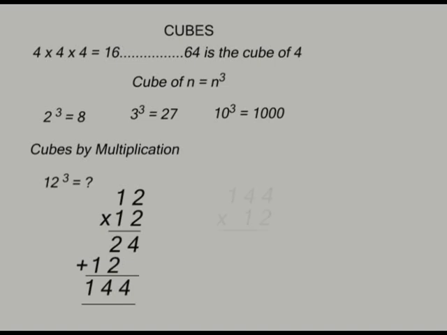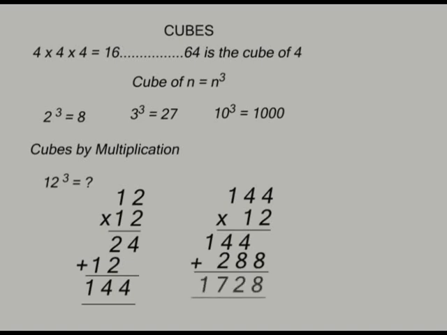Then we multiply 144 times 12. If we do that, we get 4, 4 and 1. And then we have 8, another 8 and 2. We add that, we get 1728. But this multiplication is long, tedious, and time-consuming.